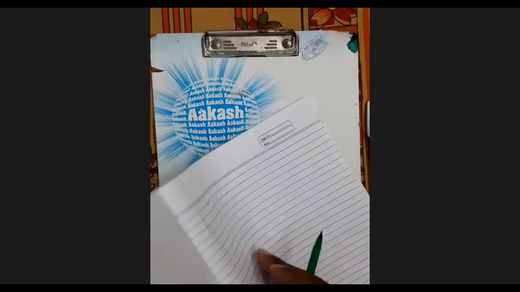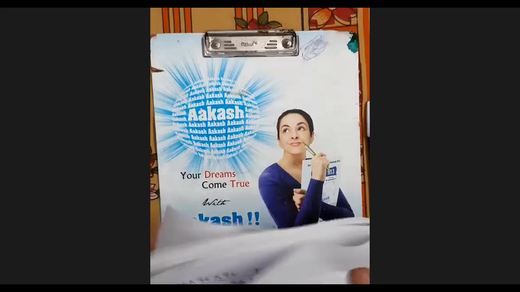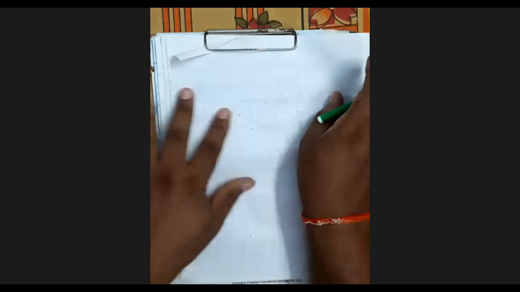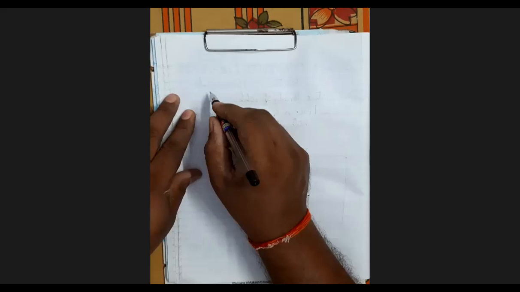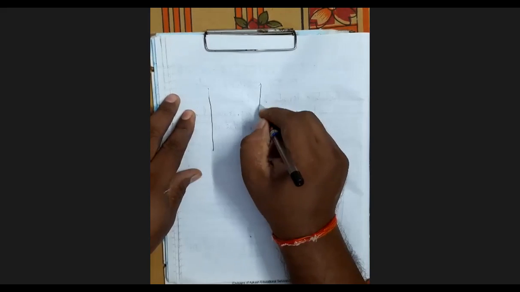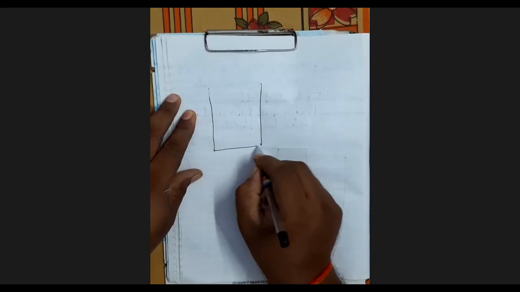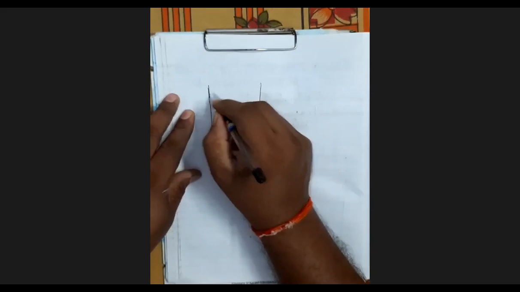Take one more example here. You see here, there is a container containing liquid. Is it clear?